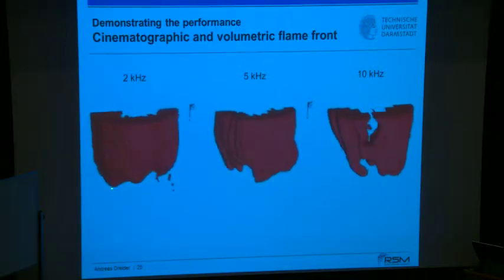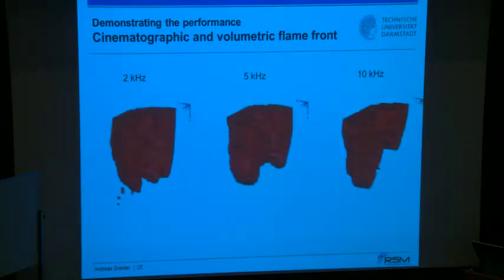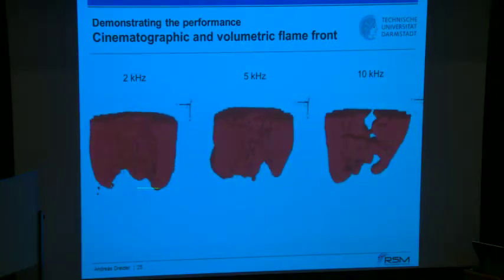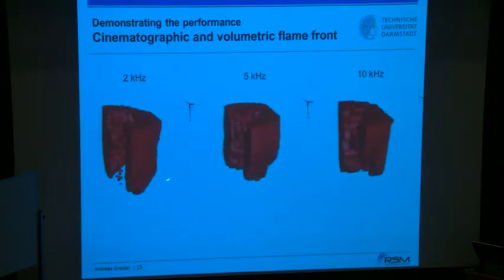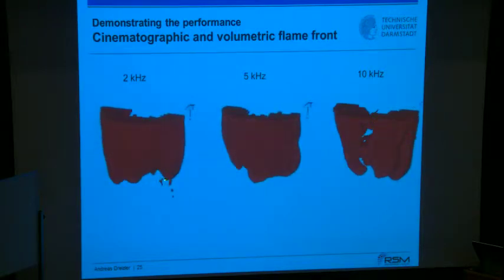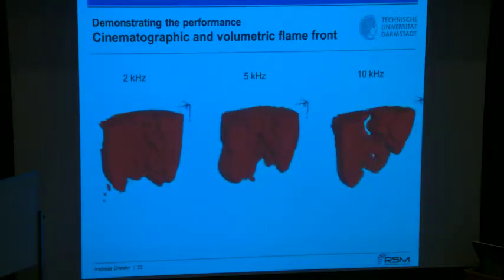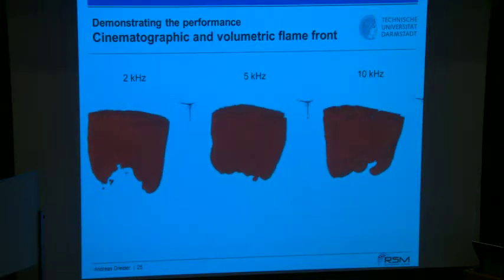And you see here that would be the leading edge, and some reconstruction artifacts, I would say, that cannot be true. So you see the limitations of the reconstruction. These things are not autoignition or something like that. Yeah, these are artifacts. So you get some idea what is going on.